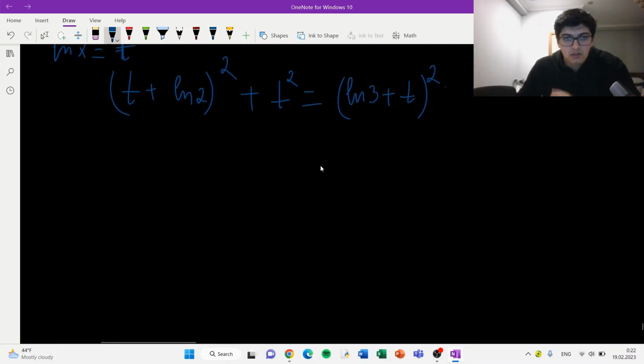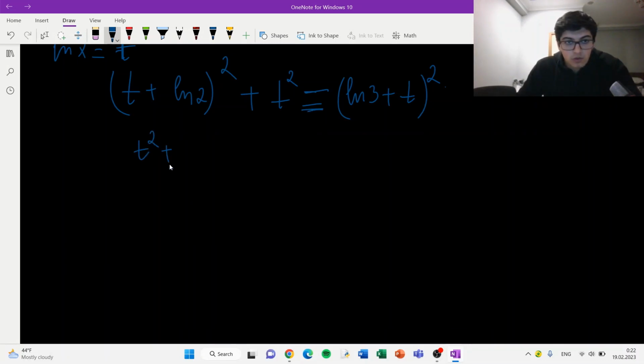And just open the brackets and solve our equation using the method to solve quadratic equation problems. Let's solve it.